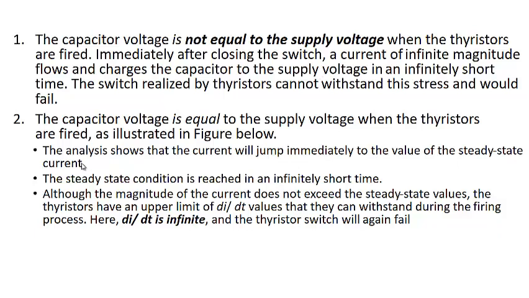Since R is 0, we can say that the steady state condition is reached in an infinitely short time. It will try to change the current from 0 to a finite current, which is the steady state current, depending upon the voltage and the reactance of the capacitor.